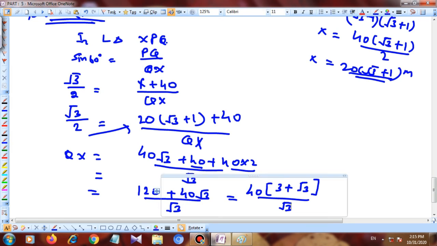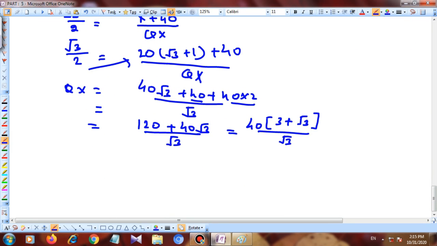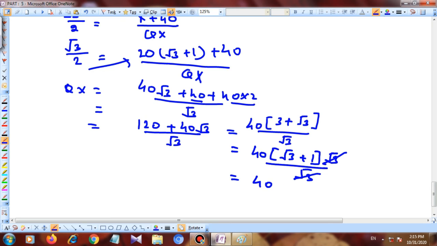Now this is 40, take root 3 common, so it will become (root 3 plus 1) into root 3 upon root 3. Root 3 root 3 cancel, so this is 40 (root 3 plus 1) meter.